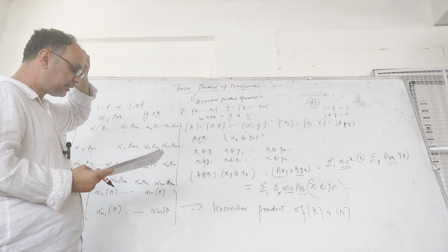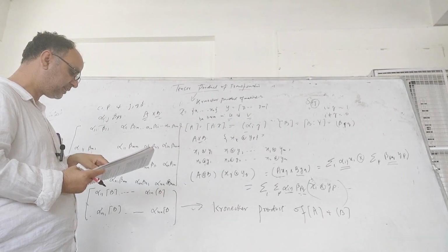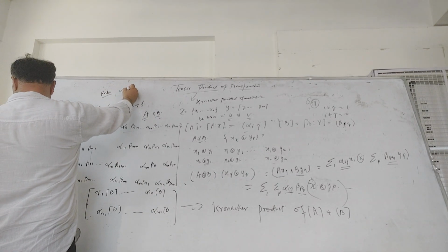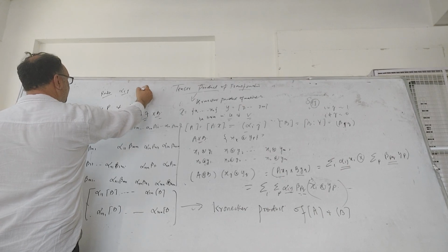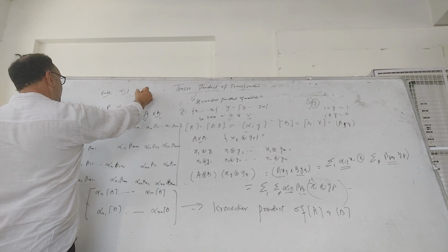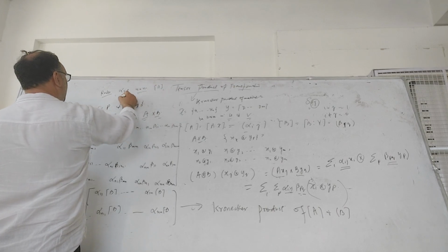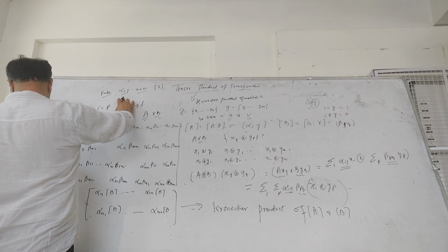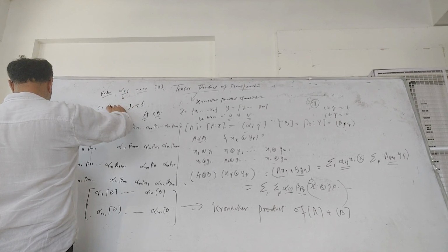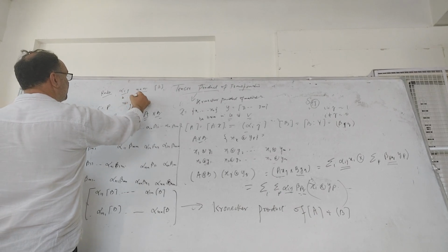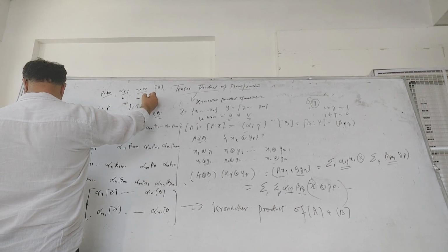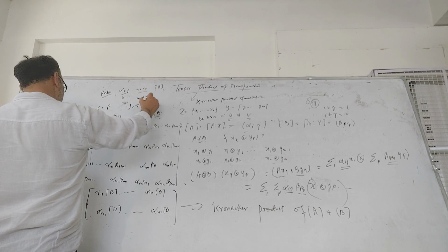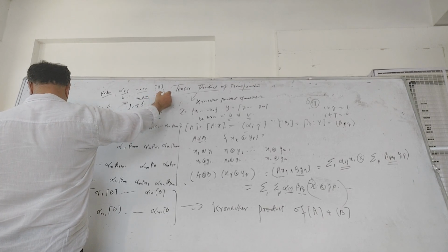So the rule is easy. The rule is to replace each element alpha ij of this matrix A by n cross n elements of B, that is, alpha ij times the m cross m matrix B. Sorry, this is n cross n, and this is m cross m for the elements beta.